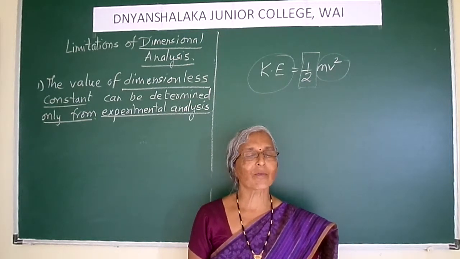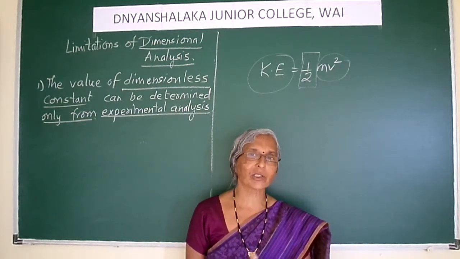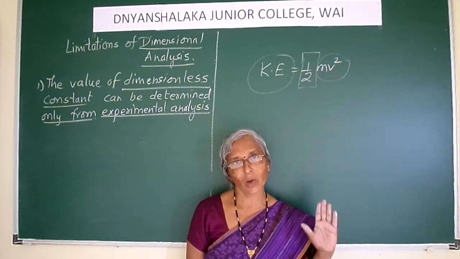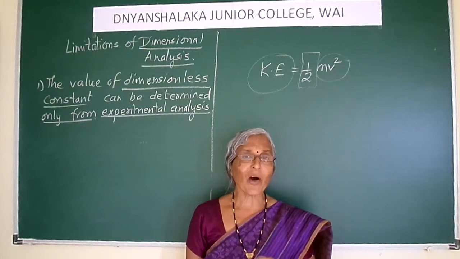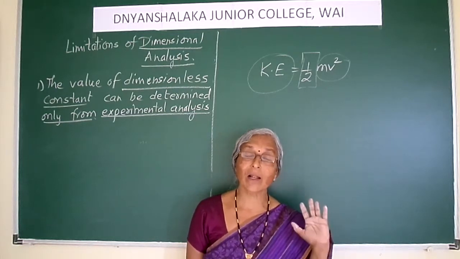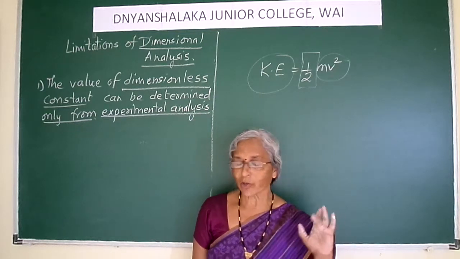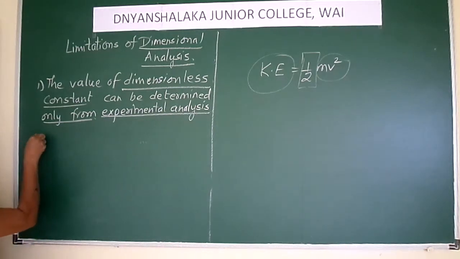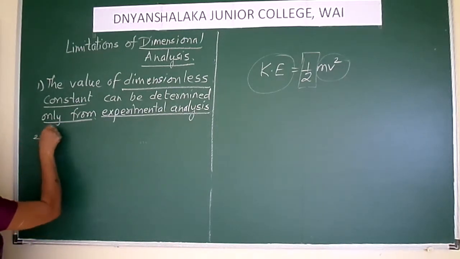You cannot find out the validity of this equation by dimensional analysis. Getting it? For that you will have to go only for experimental analysis. So that is the second limitation of dimensional analysis.